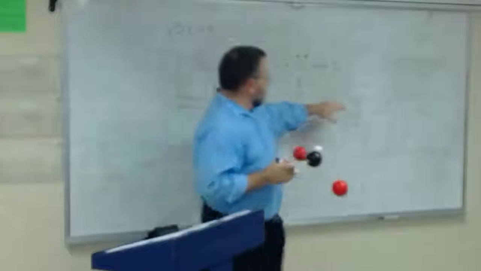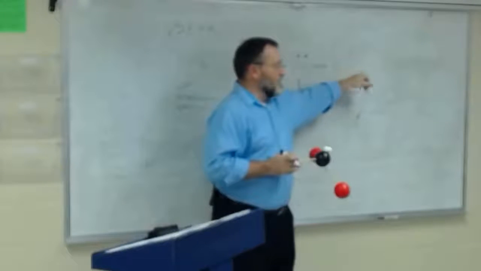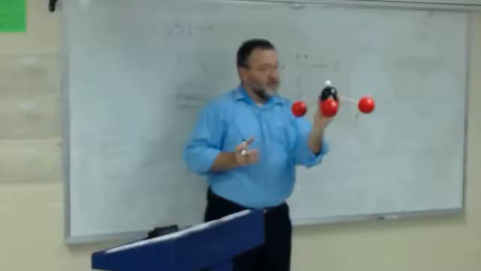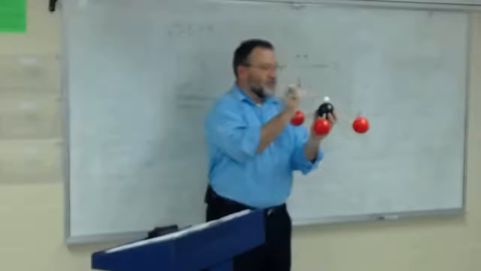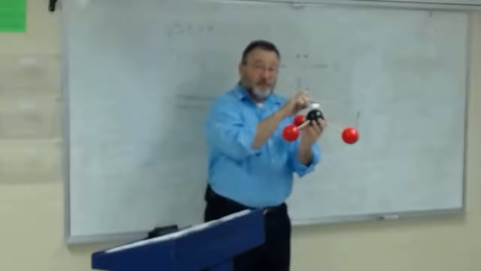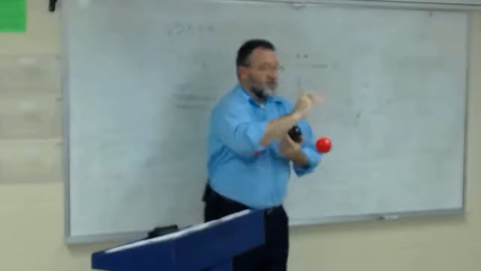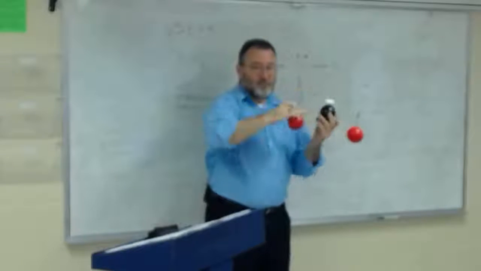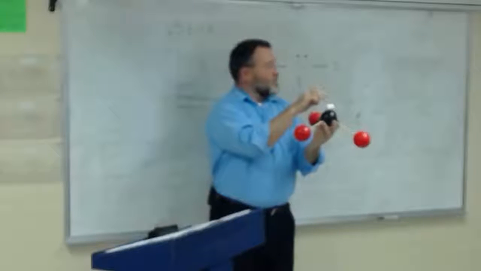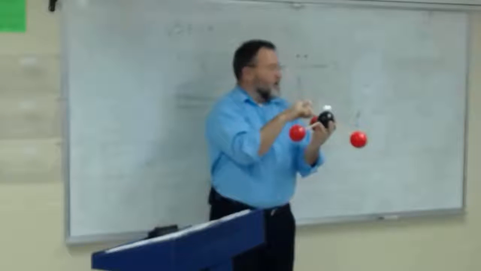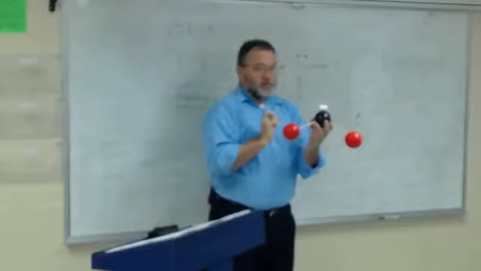So 3 bonded atoms with an unbonded pair. Its shape is based upon a tetrahedron, but it's not a tetrahedron because it has an unbonded pair rather than an atom on the top, and that squeezes everything down 2 degrees. Squeezes it down. Why? Because this unbonded pair pushes away on these bonds stronger than a bond would.